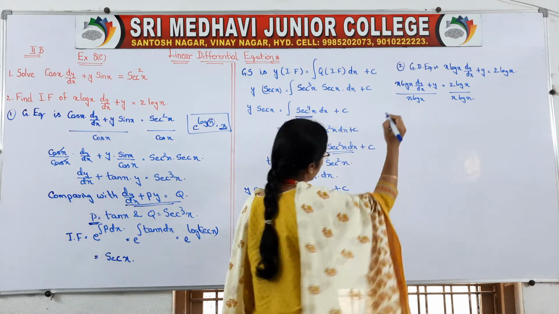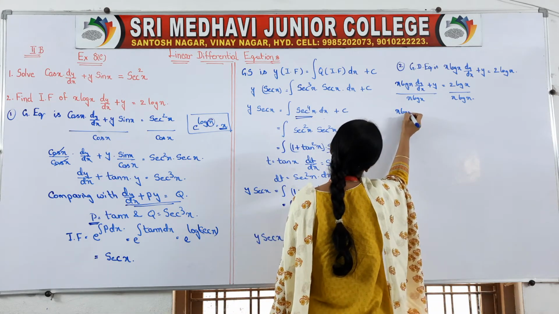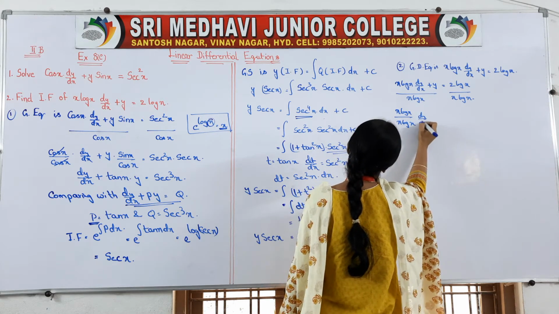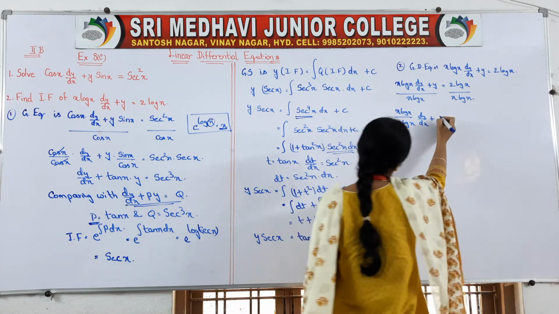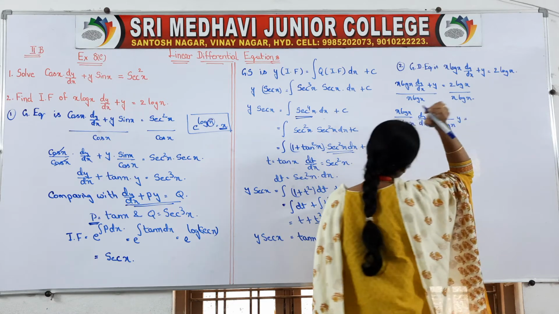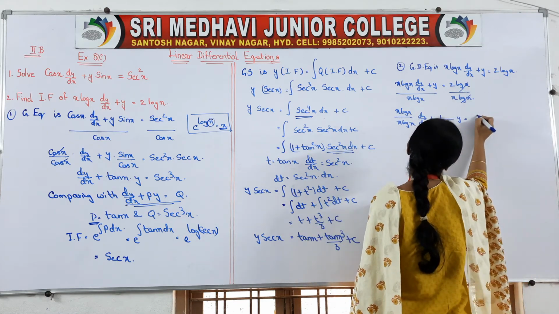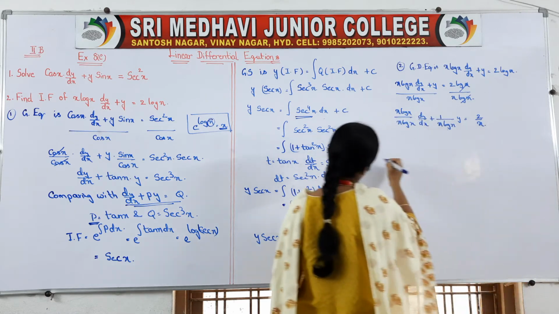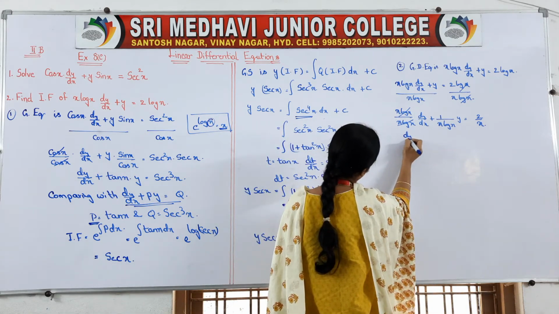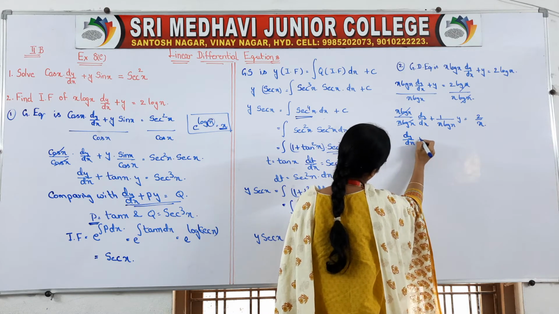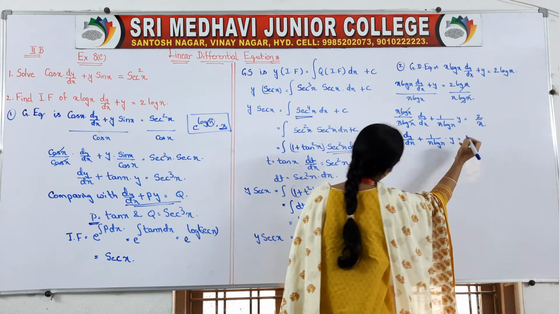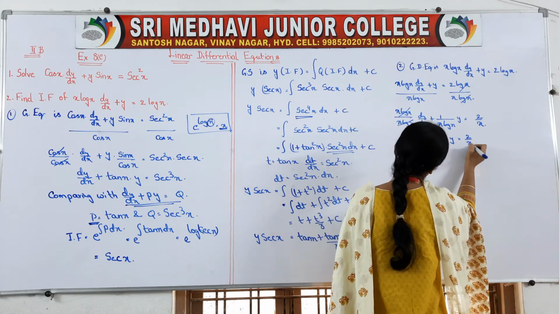Now take separately: x log x by x log x dy by dx plus we can write this as 1 by x log x into y is equal to, here log x cancels, 2 by x. So x log x cancels, so it is dy by dx plus 1 by x log x into y is equal to 2 by x.